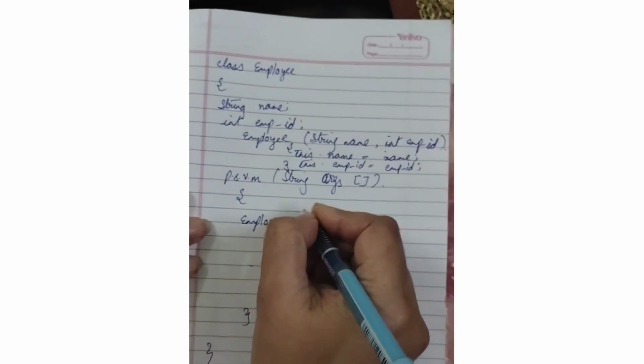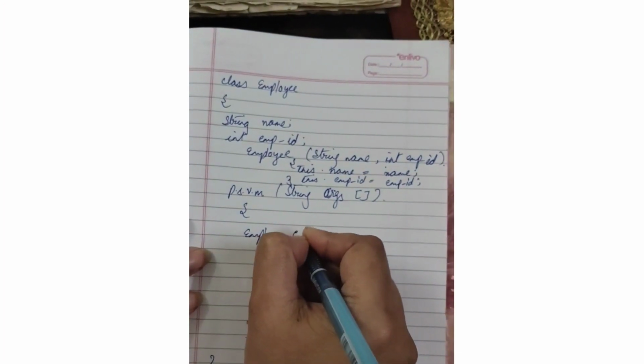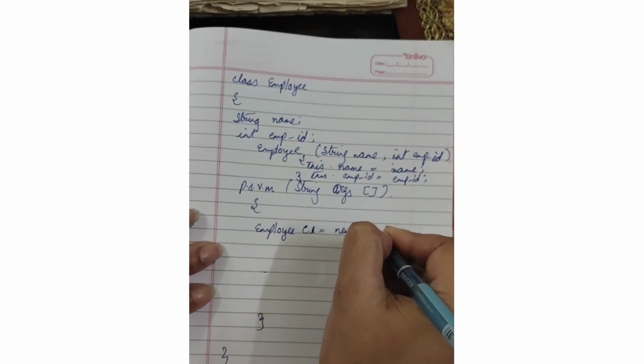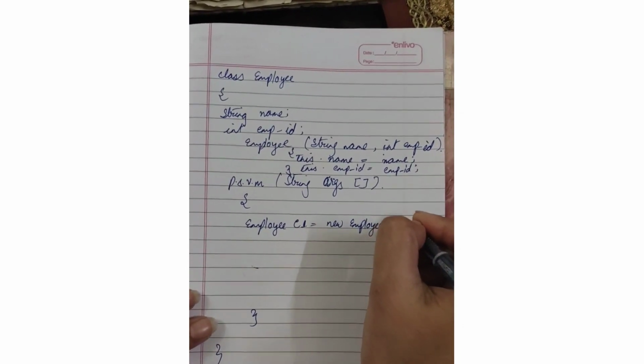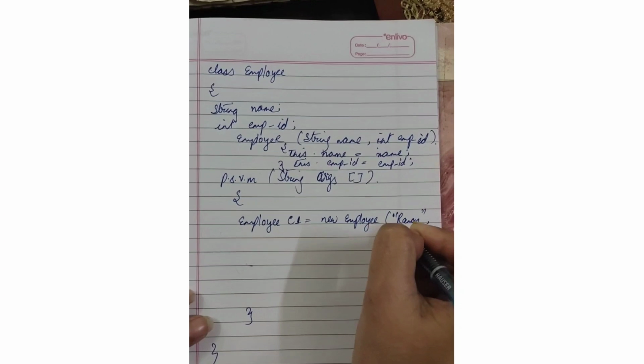Now let's create your object here. Employee E1 equal to new Employee. Now here I will initialize your values like Rancy, 101.